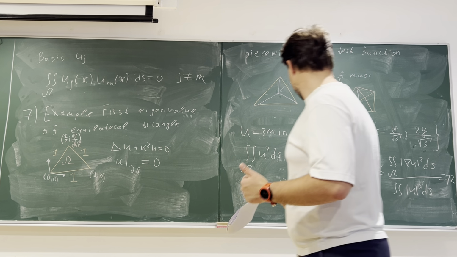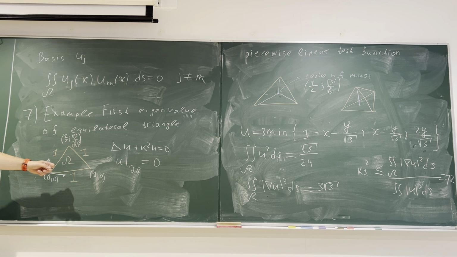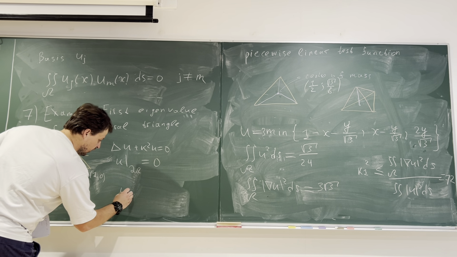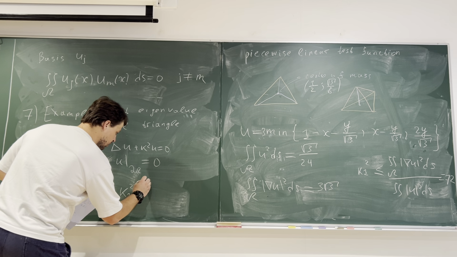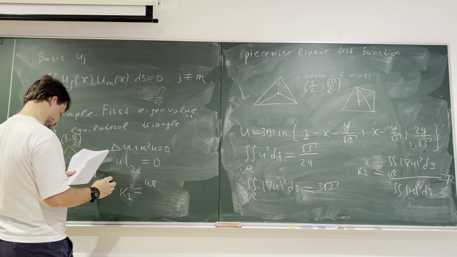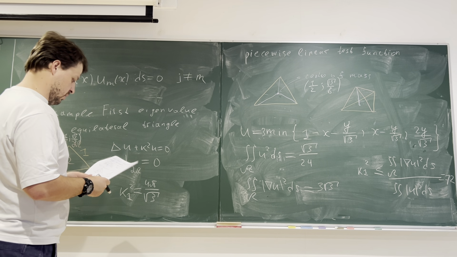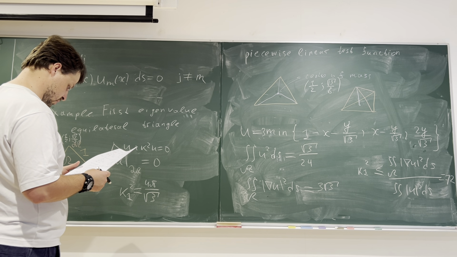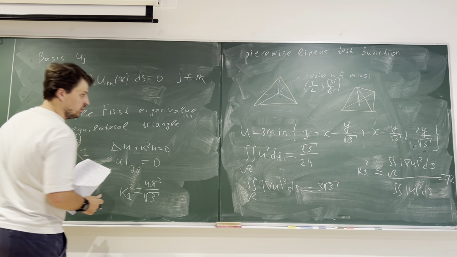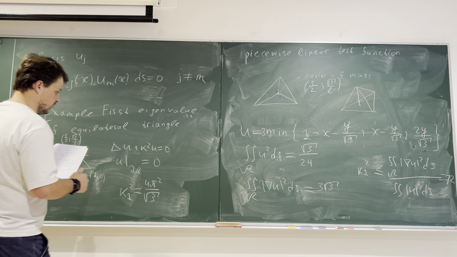And as Gabriel asked before, what's the accuracy? The accuracy is that we can actually solve this problem analytically. And if we do it, we will find that the real eigenvalue is 4 pi. I think I forgot something here.